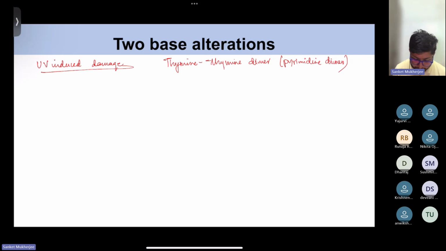Other things that could happen could be chain breaks. Chain breaks could be due to ionizing radiations, like gamma rays, alpha rays, these kinds of rays. Then the radioactive disintegration of backbone.